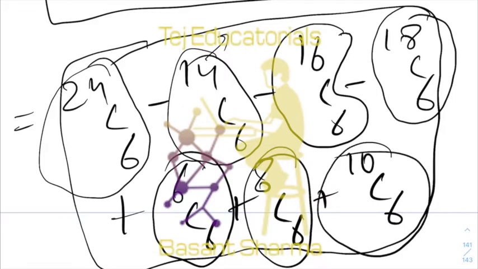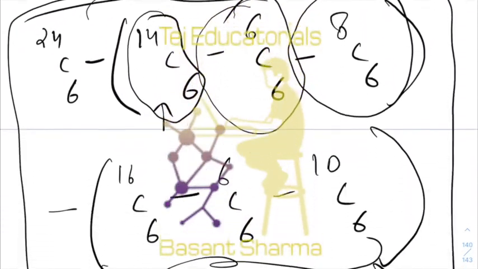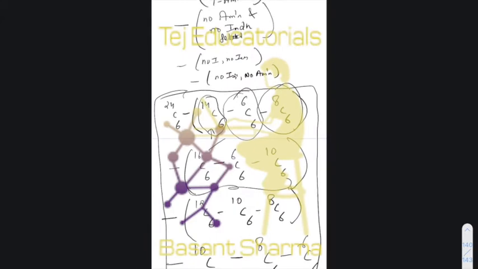This is another way of thinking about it: when we subtracted 14C6, 16C6 and 18C6, 6C6, 8C6 and 10C6 are actually being deducted twice. So we added them once to make up for the deduction which was done twice. So this is another way of looking at it. Otherwise, this is how you do it. This is the complete solution, this box.